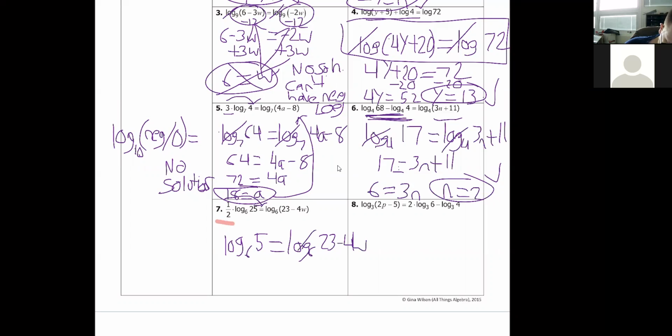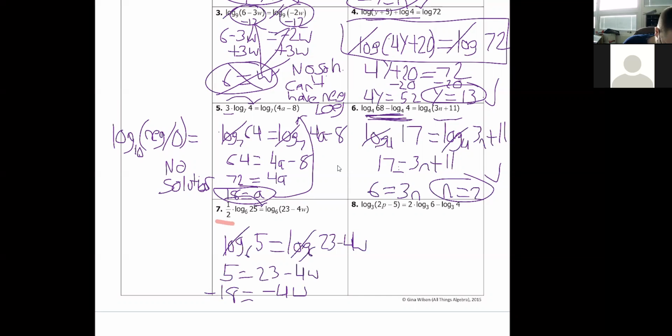So then you can get rid of your logs. 5 equals 23 minus 4w. Subtract the 23 over, you would get negative 18. Did I do that right? Just making sure I don't screw up the pencil math. Yeah, negative 18 equals negative 4w.